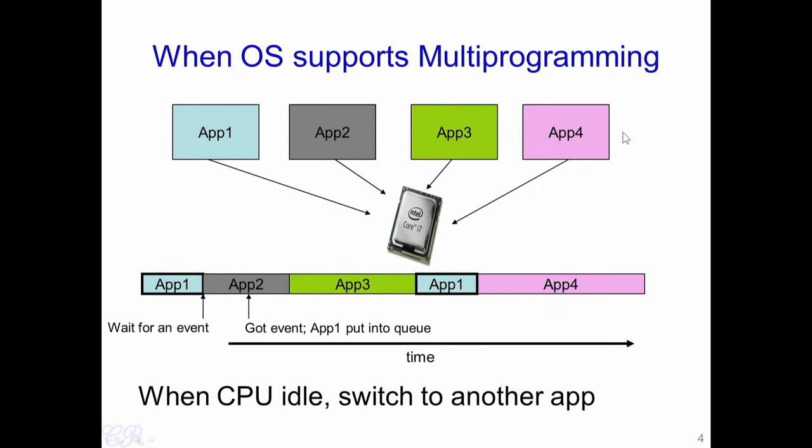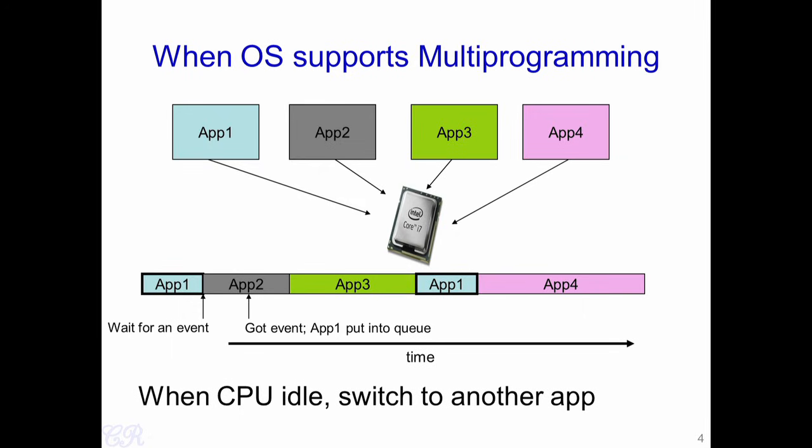In an operating system that supports multiprogramming, application 1 will continue to execute until it requires an external event. When a function like scanf gets executed in app 1, that application will become blocked.